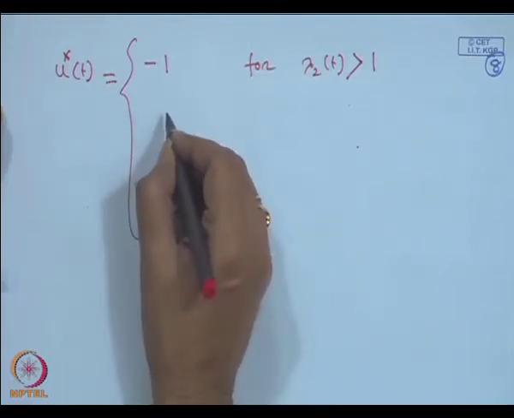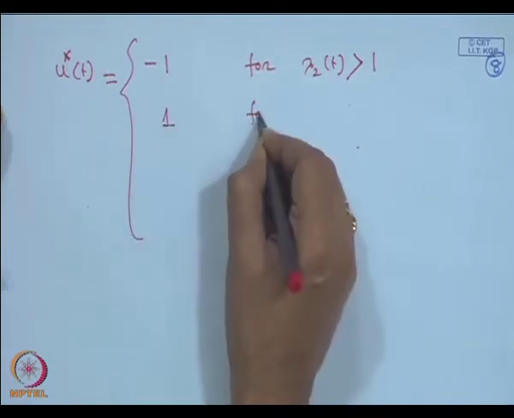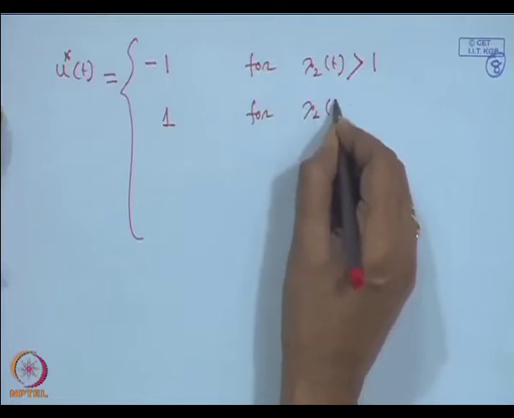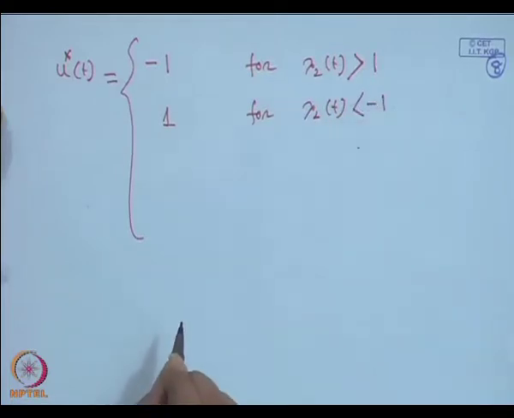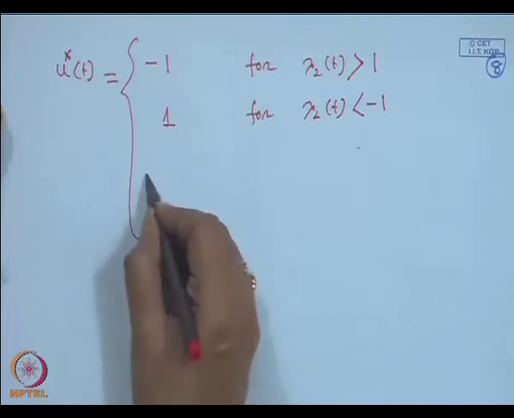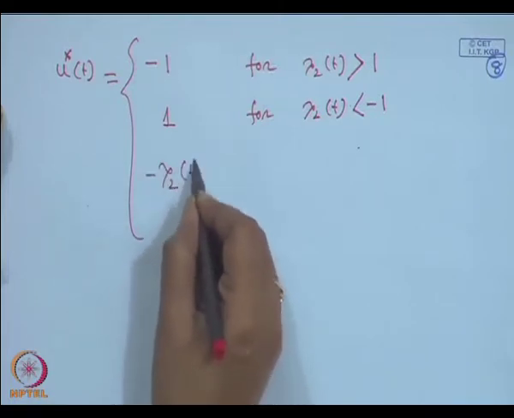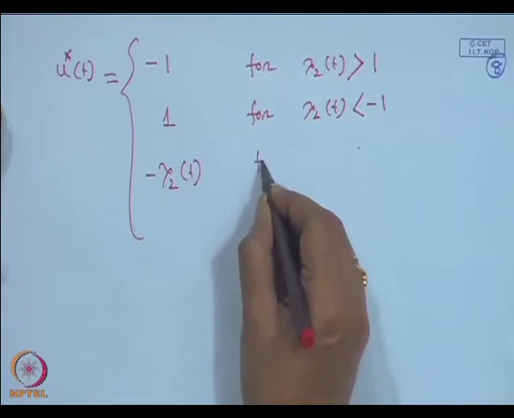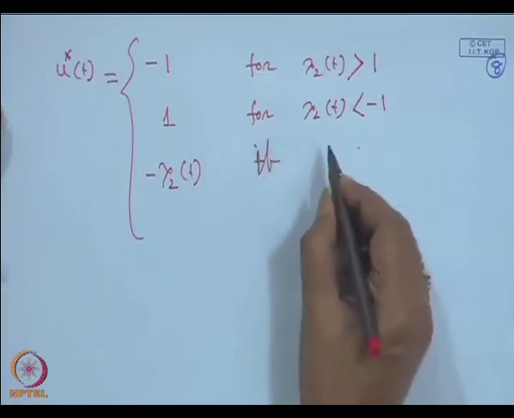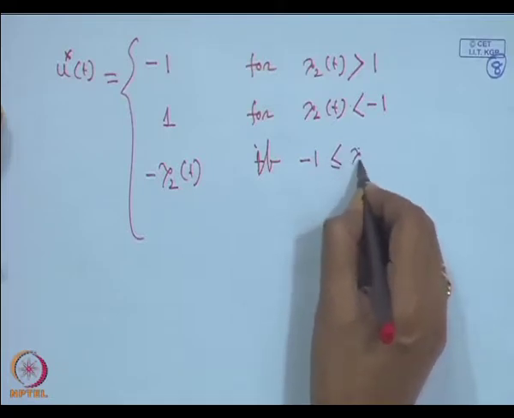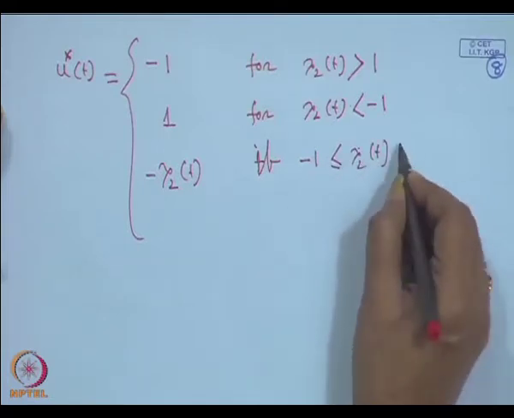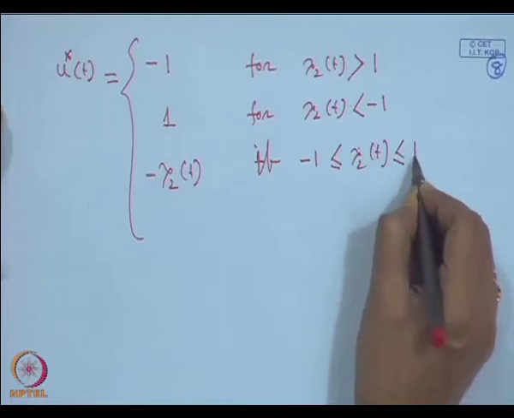Now, this is plus 1 for lambda 2 less than minus 1, but it is lambda 2 of t if minus 1 is less than or equal to lambda 2 which is less than or equal to 1.